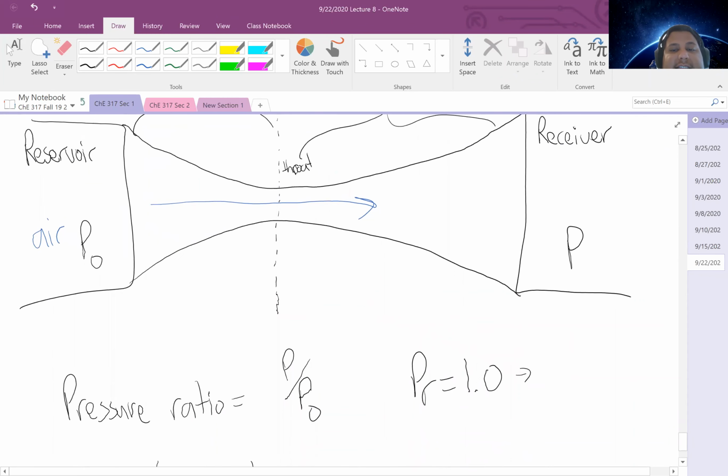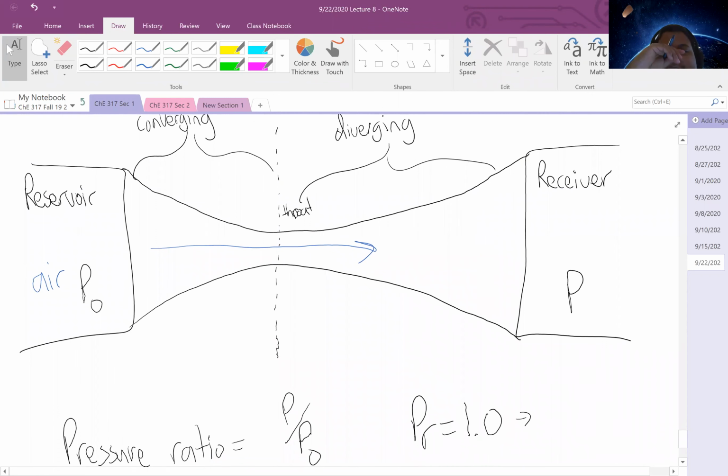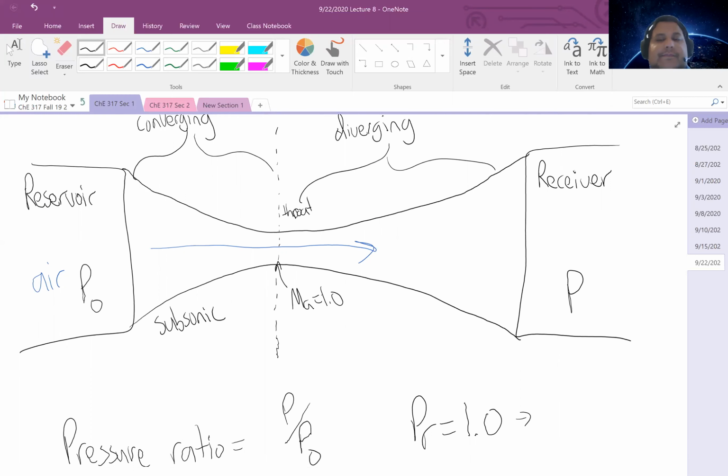And for a special condition, if I set my pressure ratio to a proper value, the flow will be subsonic throughout the entire converging section and can approach a sonic velocity right at my throat. And I achieve a brief moment of sonic flow. Then it can move on and continue to be subsonic because as the flow area begins to increase again, the velocity will start to fall off.